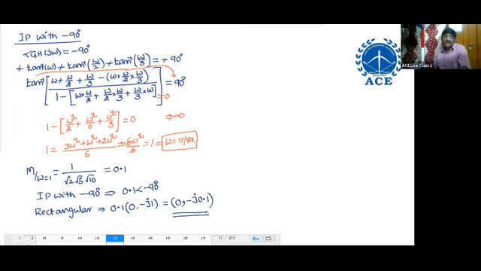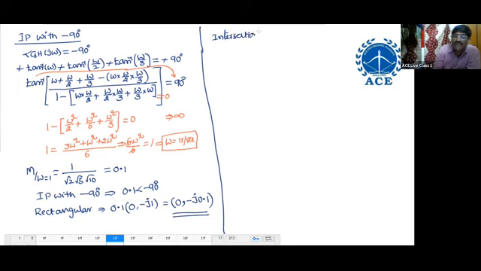That's all. 0 comma minus j 0.1 is the rectangular coordinate. Similarly, find the intersection point with minus 180. Any axis, at whatever angle, we can find the intersection point like this. So find the intersection points like this. Come on, find it.